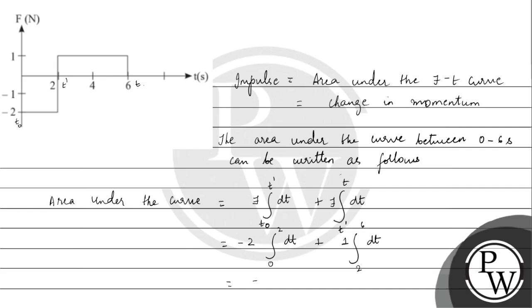So this is minus 2 into integral of dt is t between 0 to 2 plus 1 into t between 2 and 6.